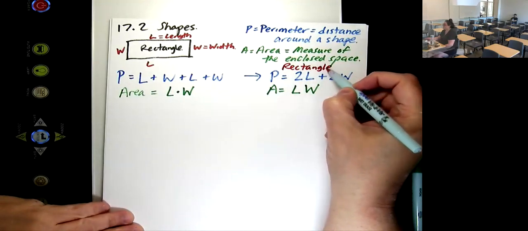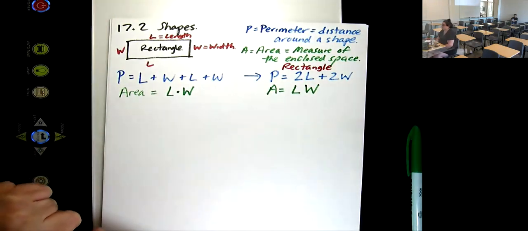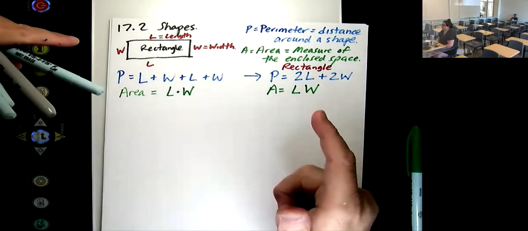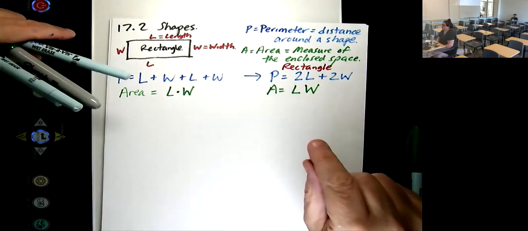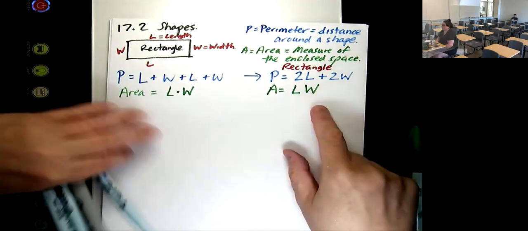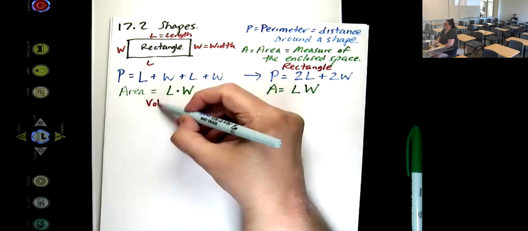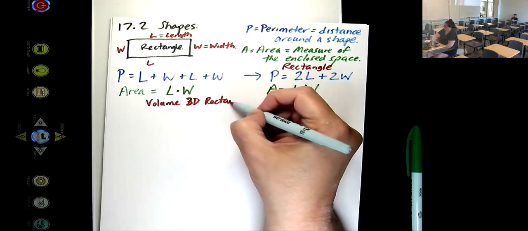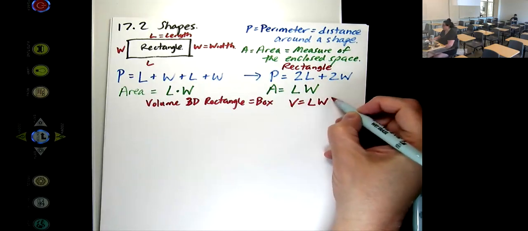What about volume? Volume is for a 3D shape, like a box. That would have height, and perimeter becomes a little bit meaningless there. Surface area is there. Volume is just multiplying by the height. I don't know that we go into it in this section, but volume of a 3D rectangle, or a box, is length times width times height.